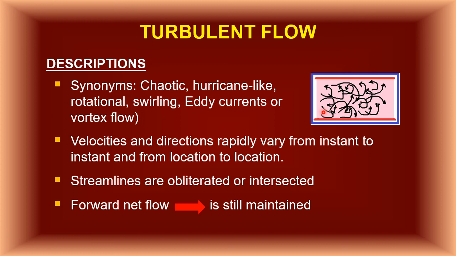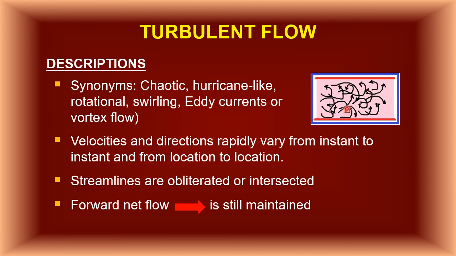Velocities and directions of blood are rapidly variable from one instant to another and from one location to another. You can't tell that this location has forward flow and that location has backward flow. They are different flows in different locations and different velocities in different locations.